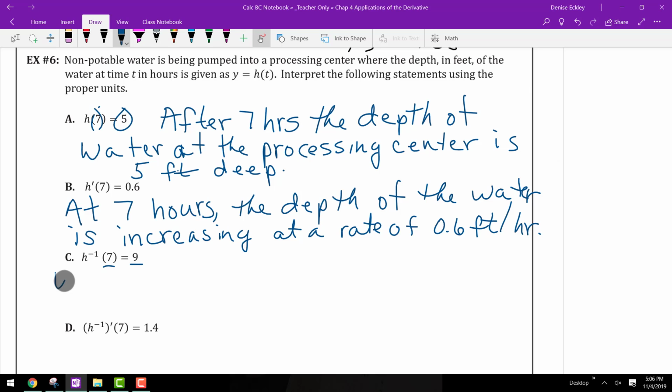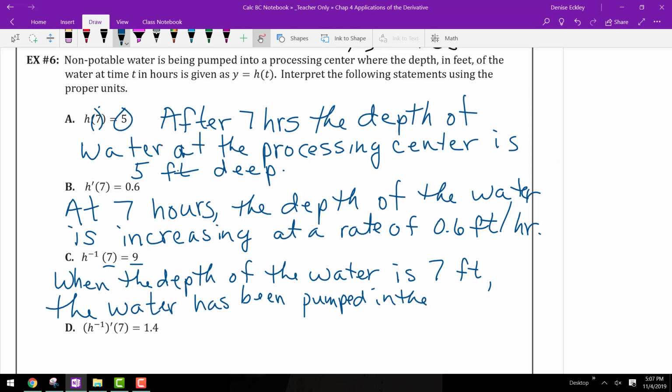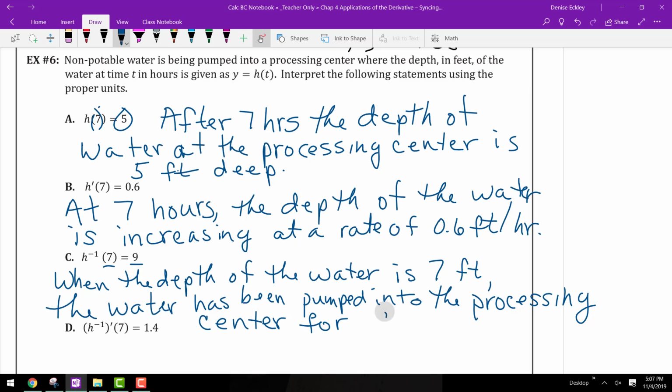So writing this backwards, we would say when the depth of the water is 7 feet, the water has been pumped into the processing center for 9 hours.